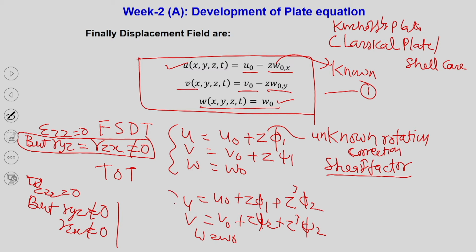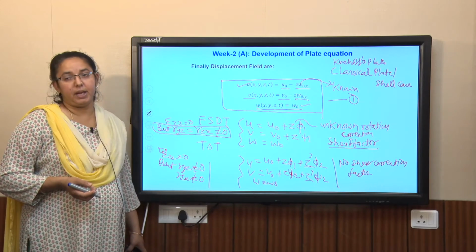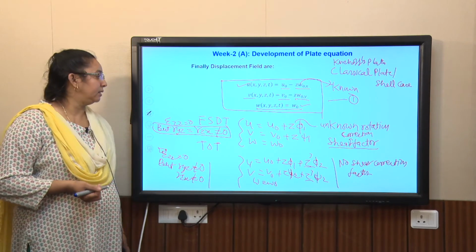That is why people prefer third order theory over FSDT, where no shear correction factors are required. Further, it contains a cubic variation, so it may accurately predict the behavior of thick plates.